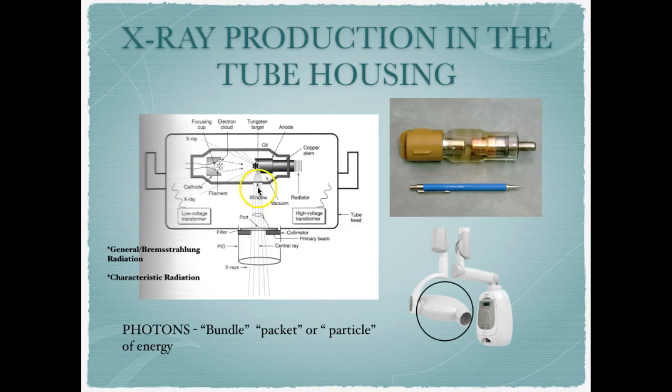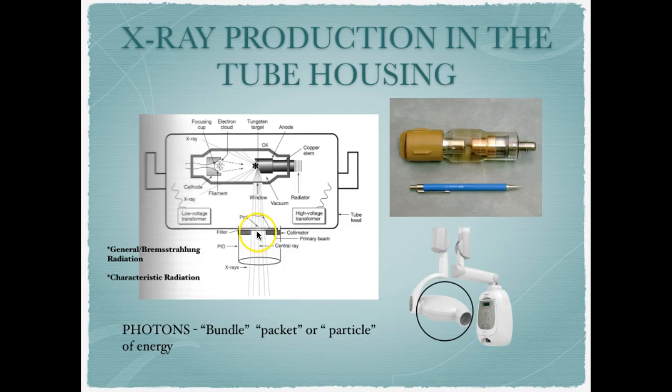From the vacuum tube, it is then released through an aluminum filter, which helps to narrow the X-ray beams. Remember, X-rays travel in a straight line, so you can think of them as beams. Then, to further restrict the width of those X-ray beams, there is a lead collimator. Lead is a metal that will help to stop the penetration of X-rays and therefore can narrow the beam.